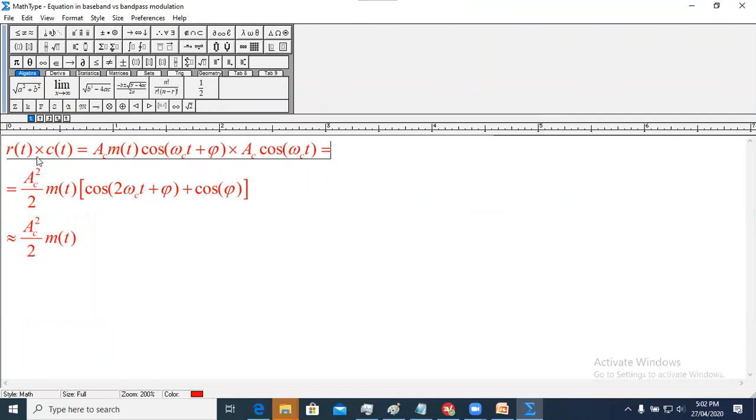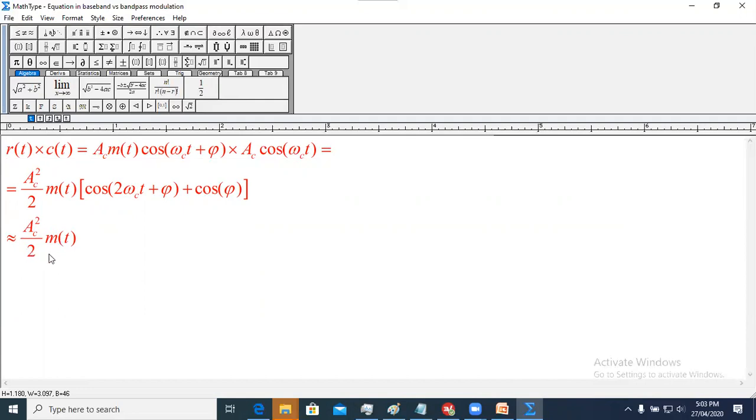So for this, we need to look at the maths here. This received signal is multiplied by the locally generated carrier: this is Cm of t cos(omega c t plus phi) is the received component, and this is the locally generated carrier. By a little trigonometry, you see that there is a high frequency component which is 2 omega c, and there is a cos of phi component. So if phi is 0, or if the value of phi is known, we can extract the message from the signal.